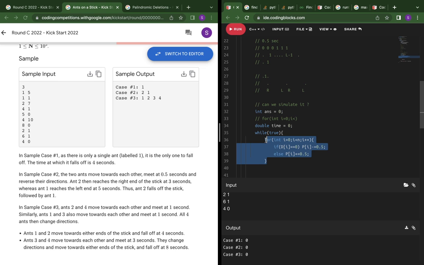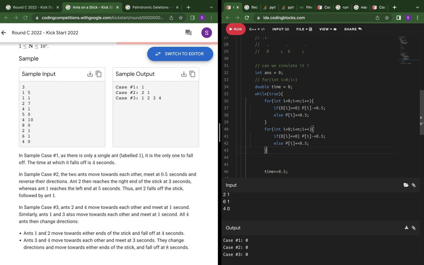some elements inside of this will have same coordinates, and for that I'm gonna say that if p of I, we can first sort it also. Wait, we cannot sort it because the position and the direction are linked.